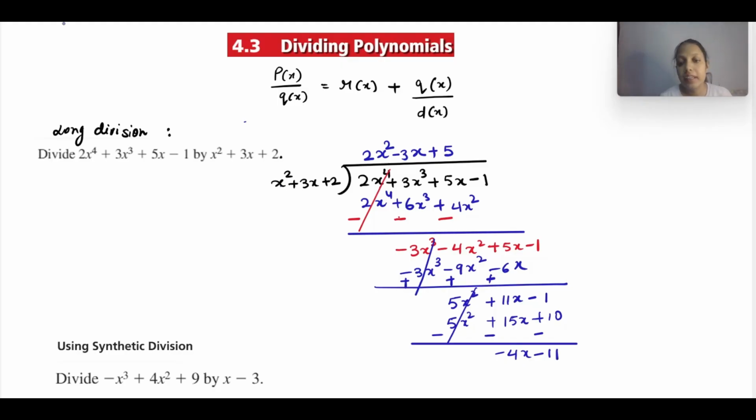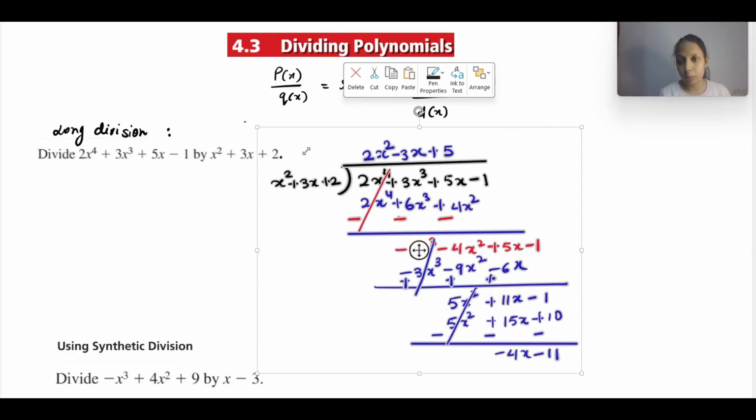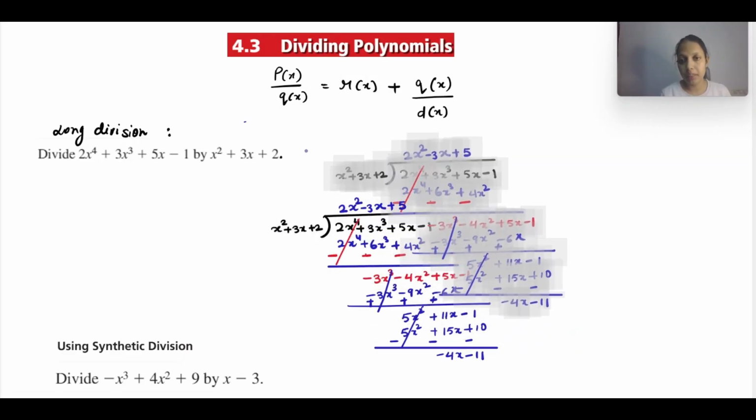Now you can see the last term has a power of x less than the term we divide with. So here x^2, but here you are getting the remainder as a term with x power 1. So this is the last term. You don't have to solve after this. It is done up to this. We divide the two polynomials in this way.